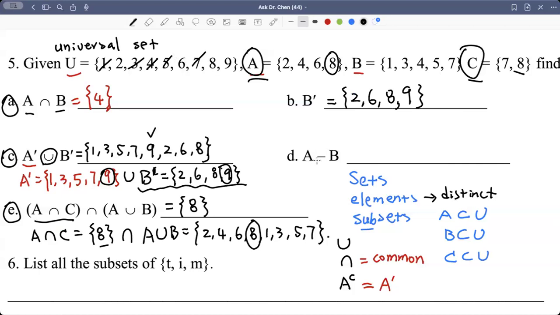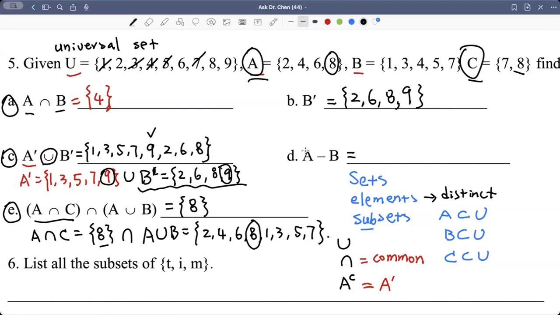Okay, A minus B. A minus B equals the elements in A, but not in B. But usually we don't do A minus B because the 3 operations are union, intersection, and complement. So if we want to do A minus B, usually what do we do?